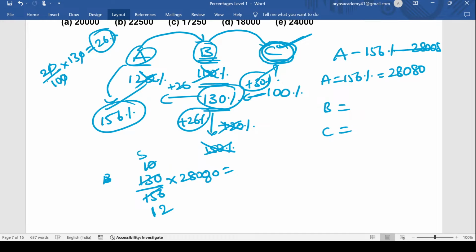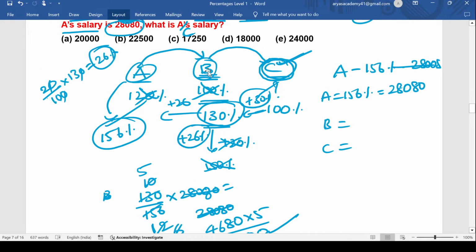So I'll go further with 2. This is actually 28080. Go for cancellation: 6 4s are 24, then we will be left with 40. 6 6s are 36, 48. 6 8s are 48, 0. So 4680 into 5, which is 23,400. If B's salary is asked, then the answer has to be 23,400, which is not among the given options.